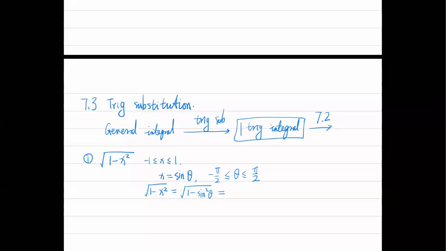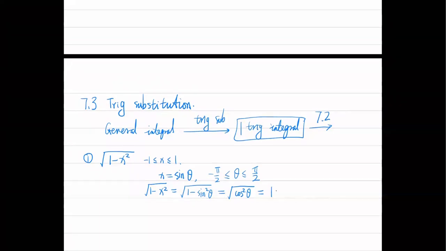How do you simplify this? 1 minus sine squared. What's the square root of a square? Yes, so absolute value of cosine.